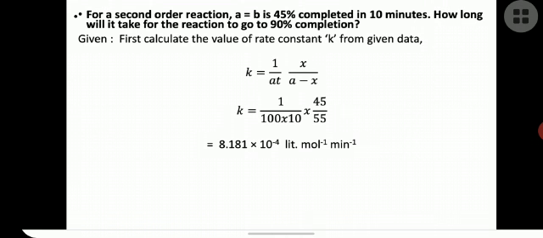Therefore, K is equal to 1 divided by a is 100, t is 10 into x is equal to 45 and a minus x, that is 100 minus 45 becomes 55. When we calculate it, we get the value of K as 8.181 into 10 raised to minus 4 liter per mole per minute.